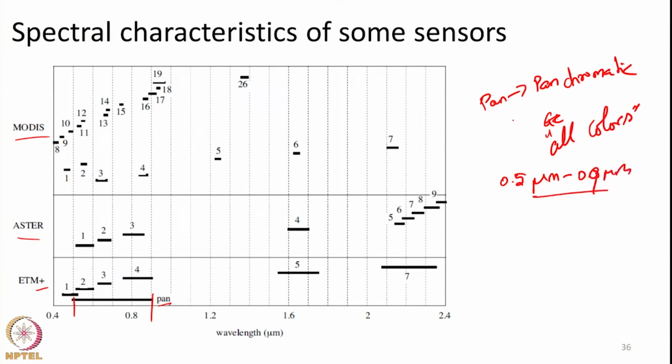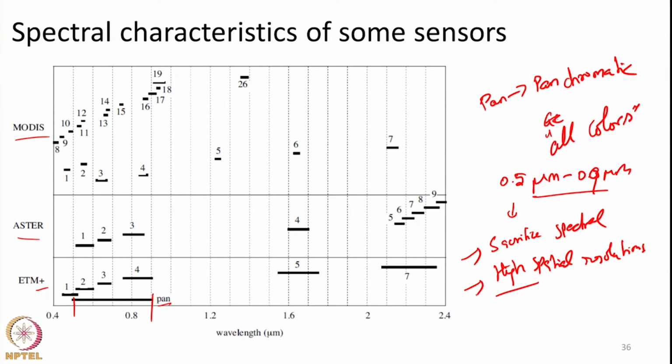The reason for having a panchromatic band is to sacrifice spectral resolution, but get high spatial resolution. We will talk about this in detail, like the trade off between different resolutions, but still imagine panchromatic band essentially means a band most likely in the visible and NIR range.